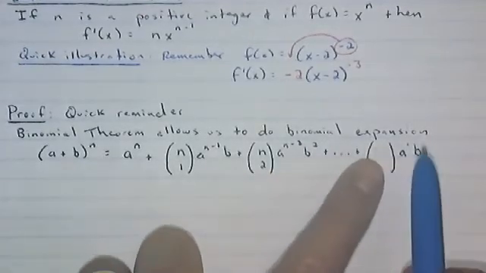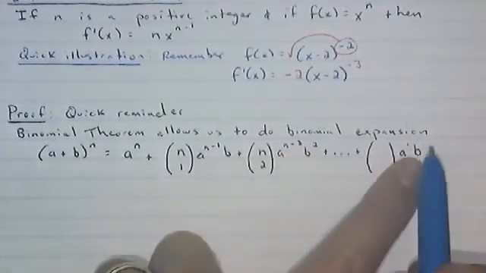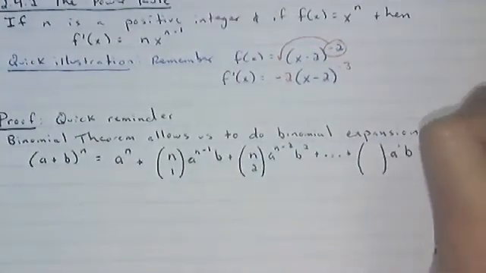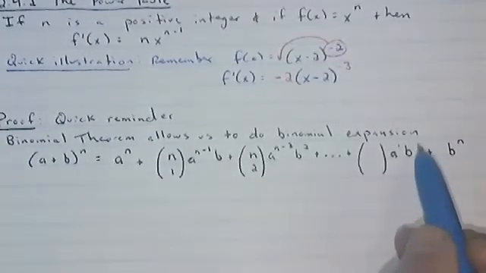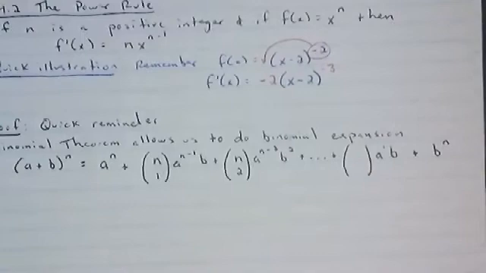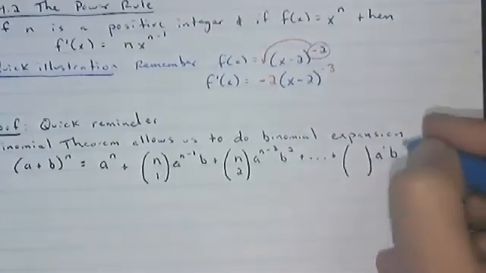B was increasing 1 each time. Maybe let's answer it this way. The final term is going to be b to the n. So what's the exponent on the second to last b going to be? B to the n minus 1.